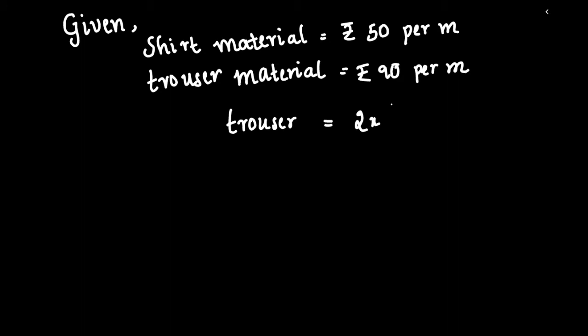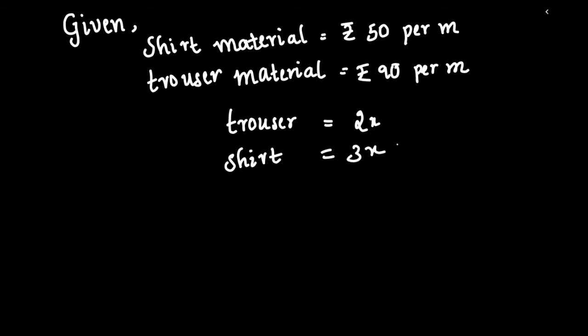For every 3 meters of shirt he buys 2 meters of trouser. We don't know exactly how many meters he bought, so we just keep it as 2x for trouser, and shirt as 3x.